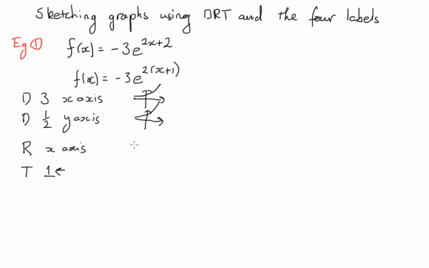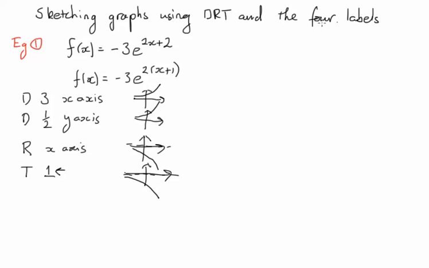We have a reflection in the x-axis, so that's going to flip it upside down. There we are. And a translation of 1 unit to the left. So our asymptote's not going to change, but it's going to be moved 1 unit to the left, which is going to affect our y-intercept.